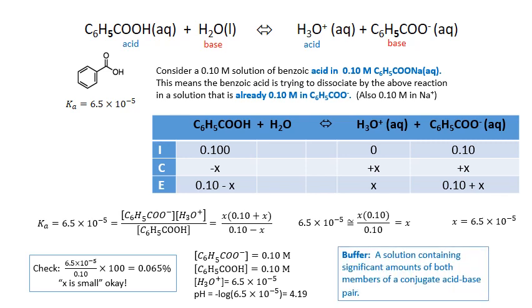and the denominator. But the more important thing, this is a buffer. You know, we're going to investigate the properties of buffers a little bit more, but this solution that we just made with some benzoic acid and sodium benzoate, that's a buffer. Anytime you have a solution containing significant amounts of both members of a conjugate acid-base pair, you have a buffer solution, okay?